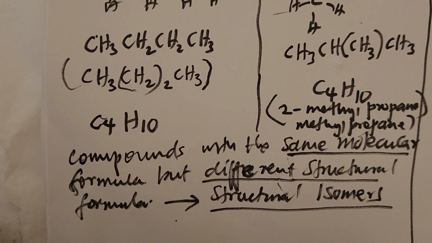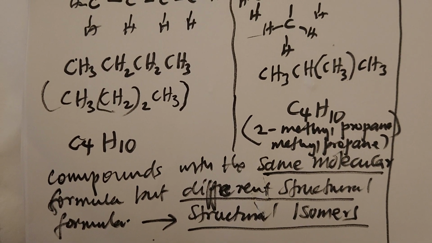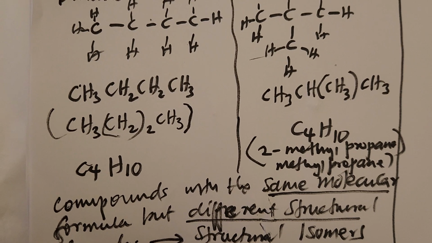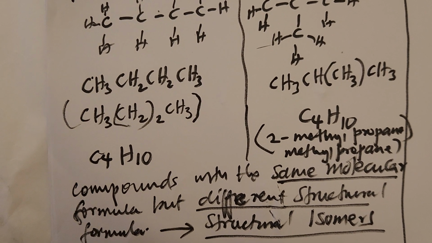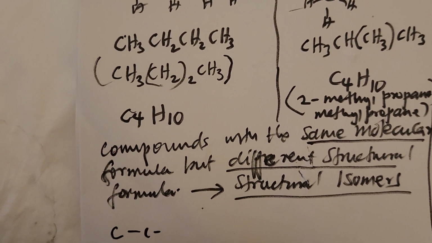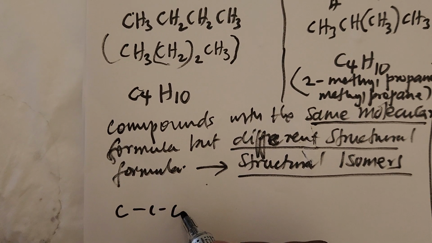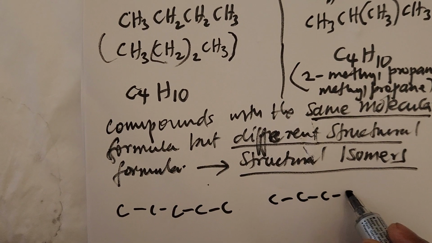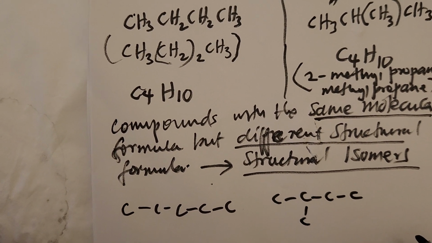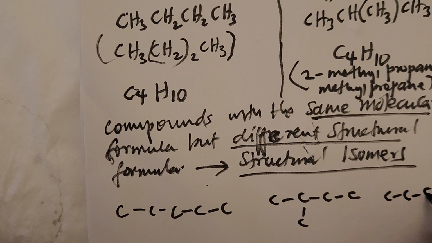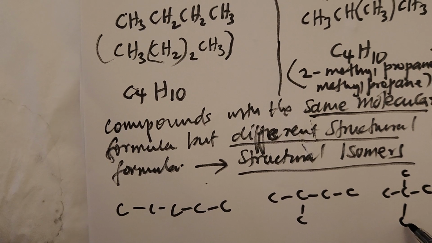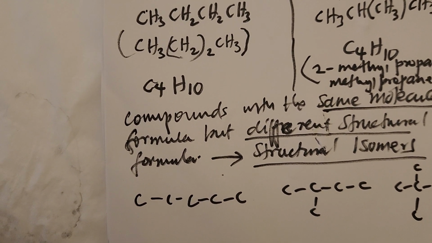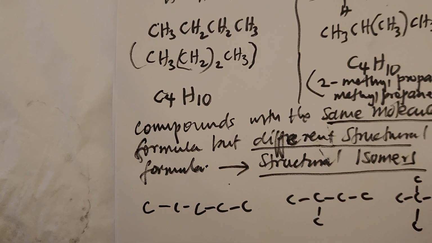It starts with C4H10. If you go to C5 as well, you will have 3 isomers, because you will have 1, 2, 3, 4, 5, or 1, 2, 3, 4 with a branch, or even 1, 2, 3 with two branches. So this is part of your knowledge.